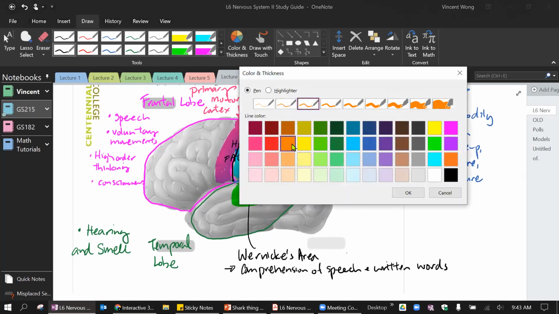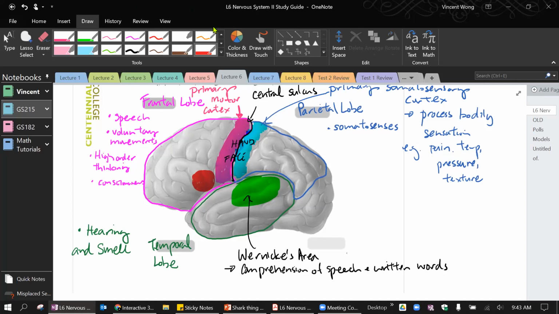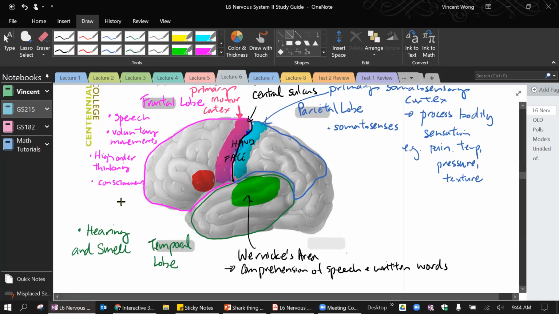There's another area that I mentioned earlier. Don't know if you remember. It's right here. Anybody remember what that area is? The left side of the frontal lobe for most people. Anyone know what this area is called?